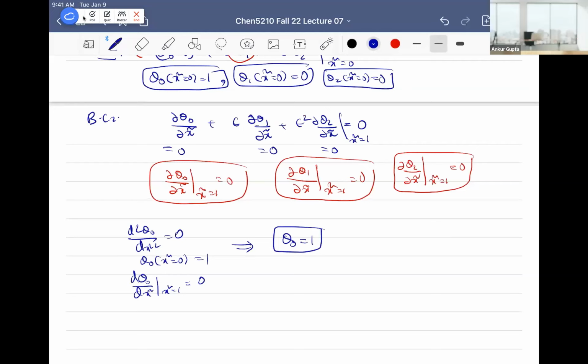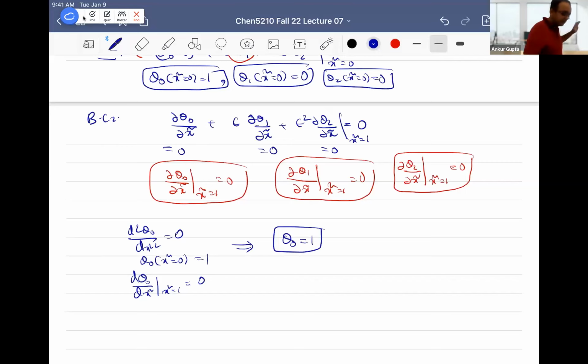Does it make sense though? Theta naught equal to 1 is just saying it's a constant. Why should I get a constant? Yes, absolutely, because look at our expression.